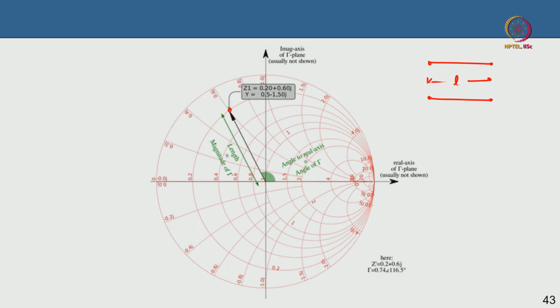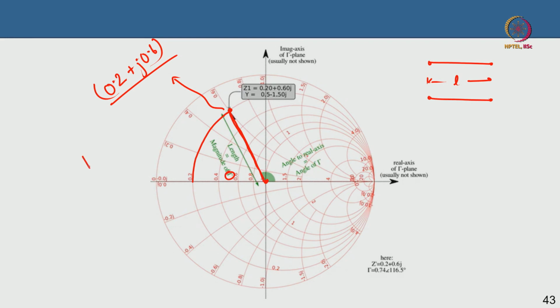Suppose I have a point here, this point is 0.2 plus 0.6j. So, this point corresponds to 0.2 plus j0.6. This is your impedance at this point. If I look at the center, which is the match condition, and draw a straight line from the center to that point, which is this black arrow that you can see, the length of this arrow gives you the magnitude of the reflection coefficient.